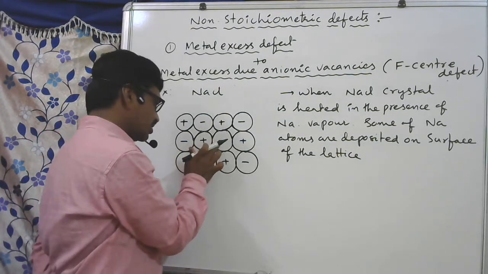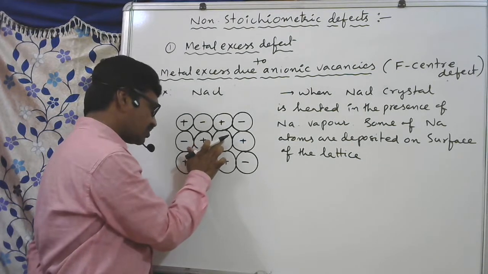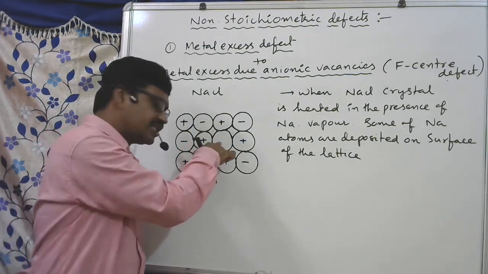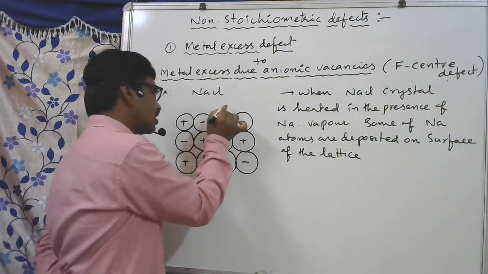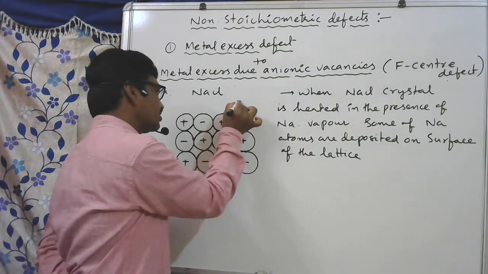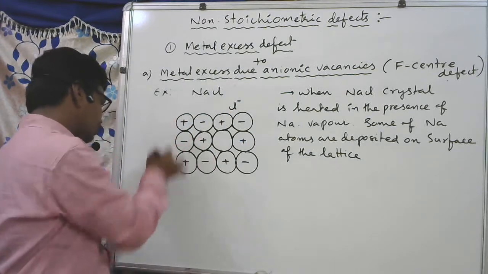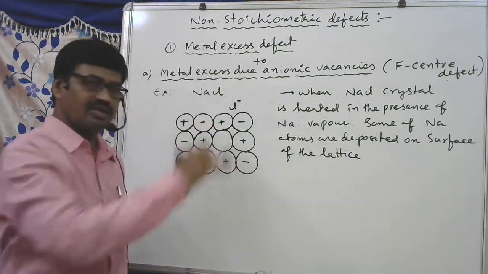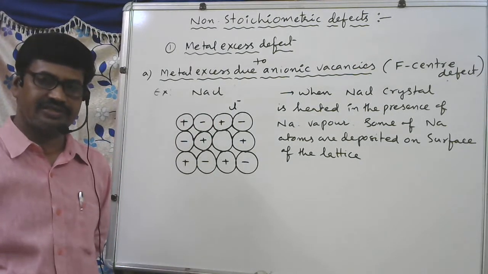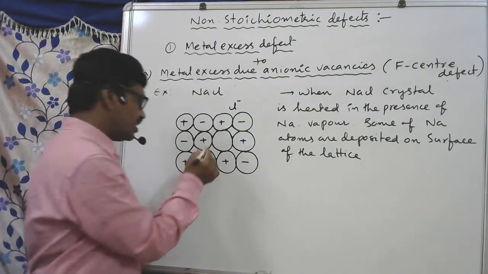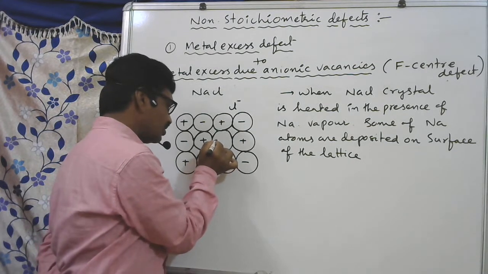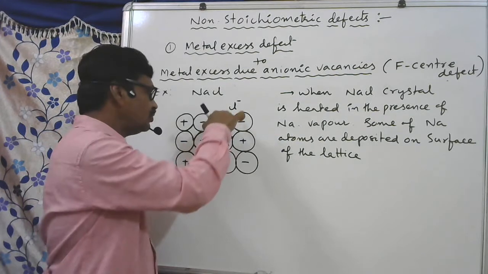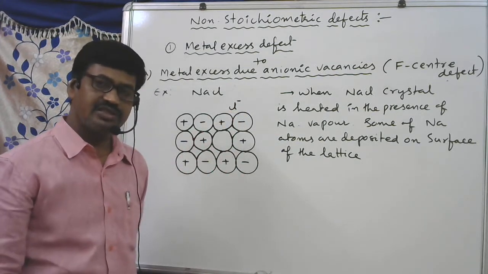See here, for example, this is the Cl minus ion I am taking. Cl minus ion leaves its original site and moves to the surface. Here I am writing Cl minus. Surface may be this area or this area, this side. From depth also we can take, from sides also, from upside also, top side also. So the Cl minus ion present here now leaves its original site and enters the surface.